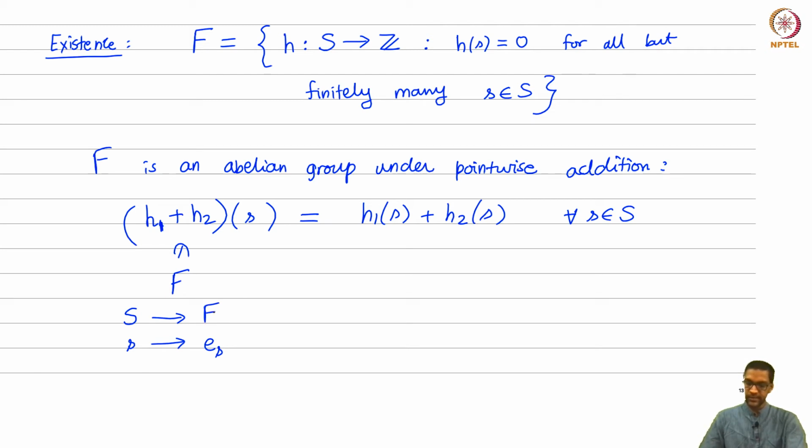So let me construct this map from S to F first. So to each s, I have to associate a certain element of F, a certain function, and this is the function defined like this. e_s, the function on a given element x of S, takes the value 1 if x equals s and 0 otherwise.